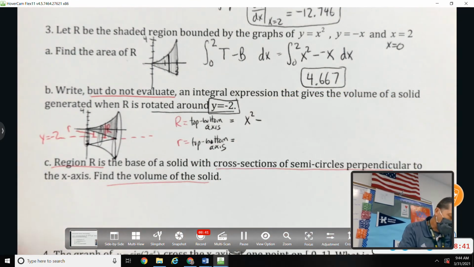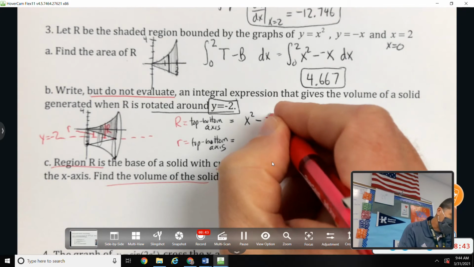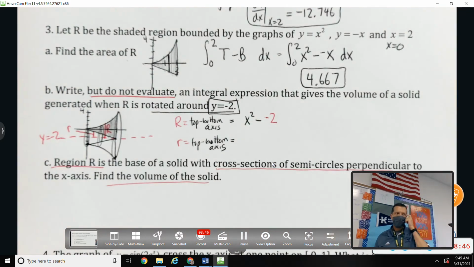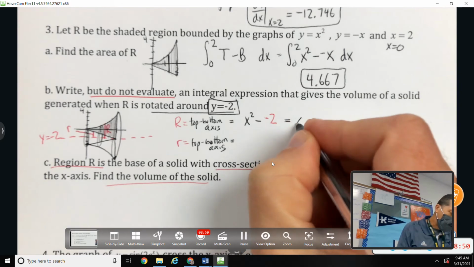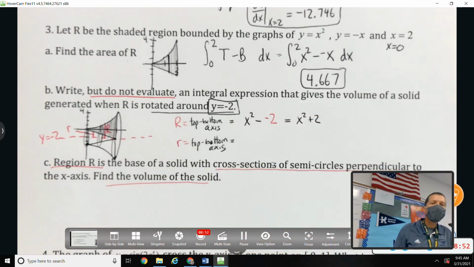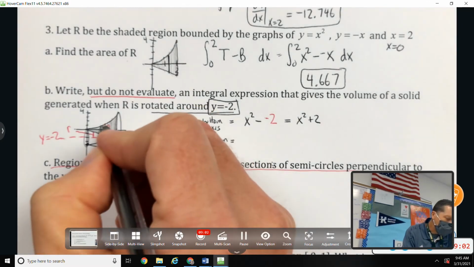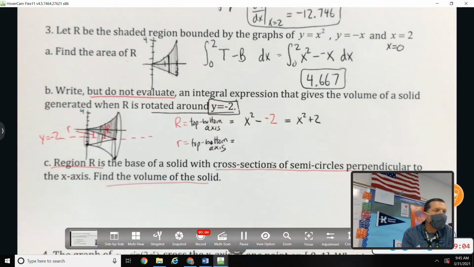The bottom one is y equals negative 2. And so that radius turns into x squared plus 2. Which, if you step back, makes sense because x squared is this, but we have to measure not to the axis. We have to go 2 more down. So it's whatever x squared is plus 2 more that is the outside radius, the big R.